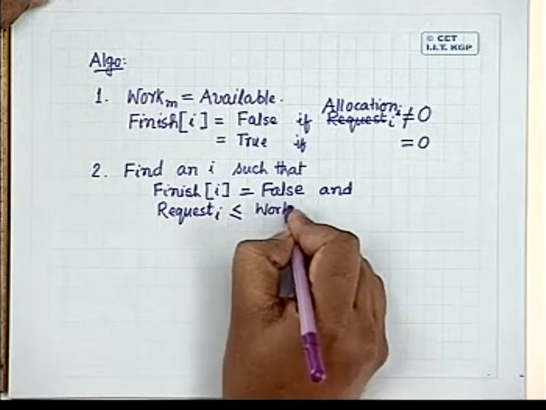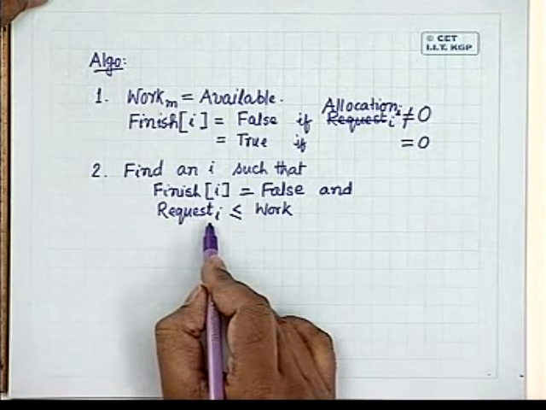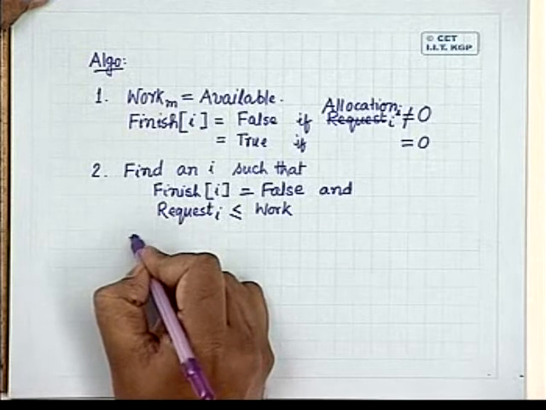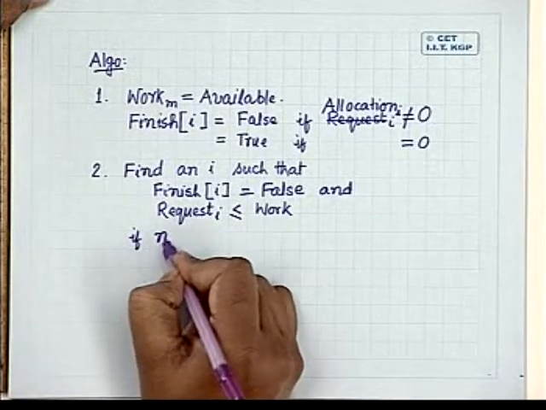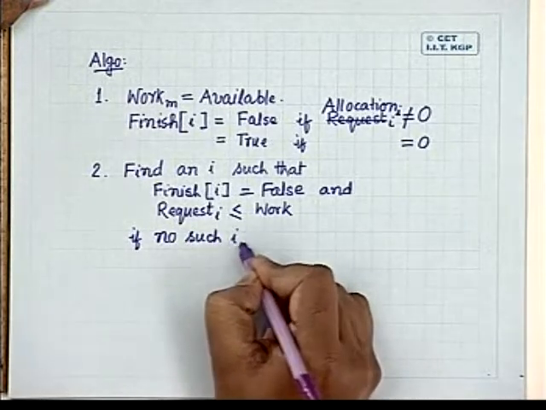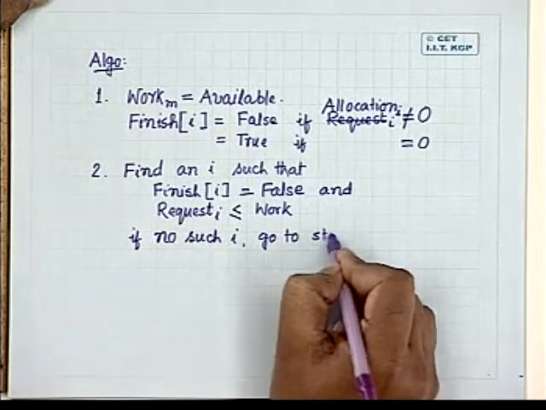That means whatever request the process Pi has put can be met with the help of the available number of resources. Okay. If there is no such i, then go to step 4.